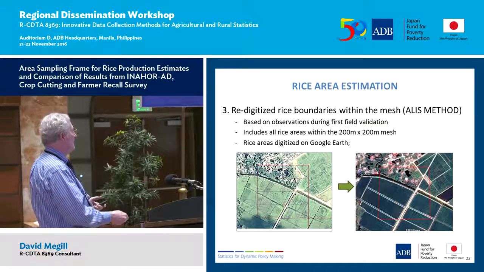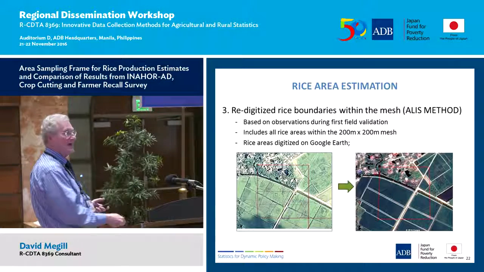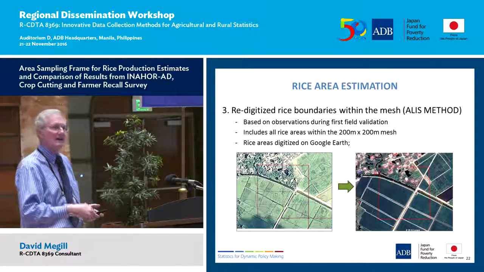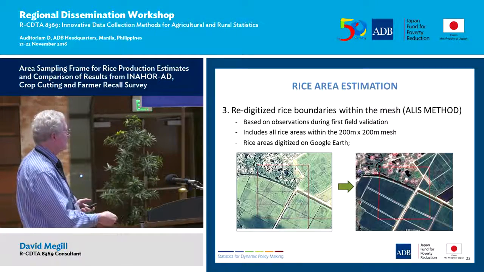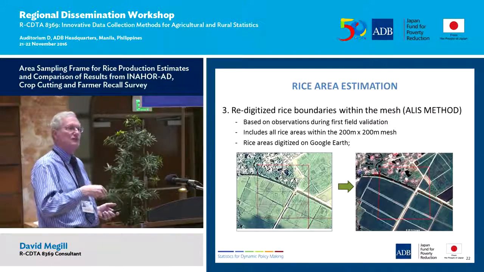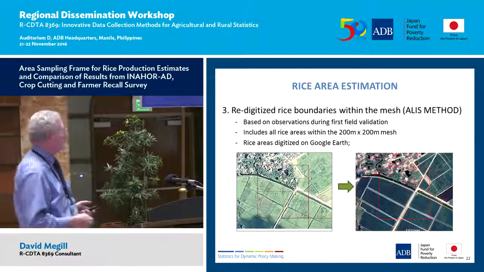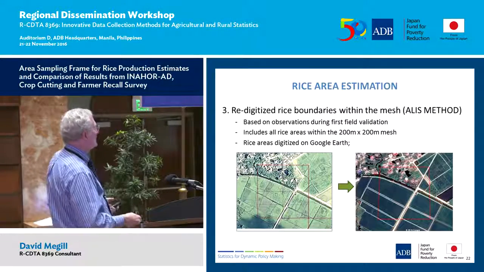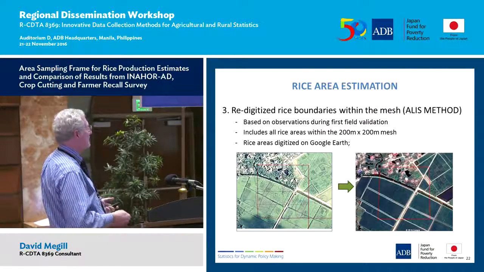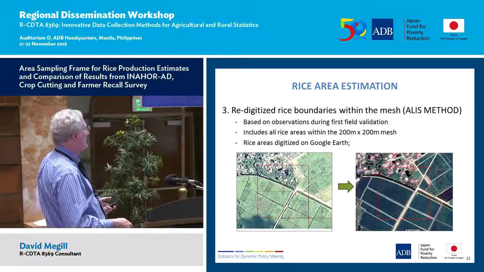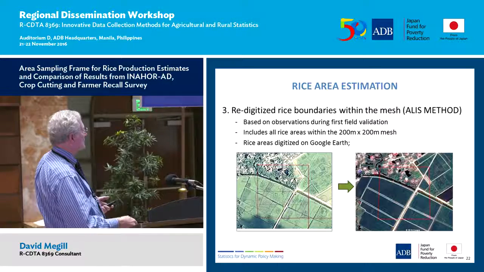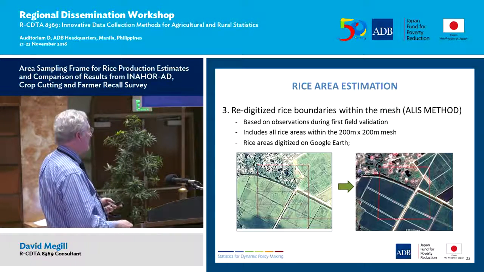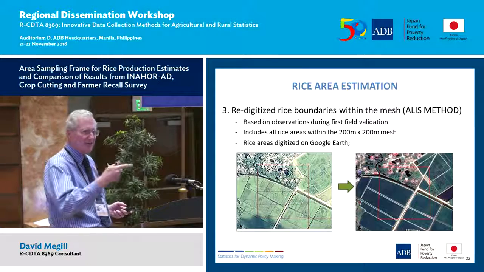Since there's no sampling within the mesh, this gives us a more precise and more accurate estimate of the total area in rice. This was used later, as we'll see, for a ratio estimate of total rice production that gives us a more accurate figure. So anyway, this was the Google Earth image that was used for the actual measurement. If you have any further questions about that, I'll ask the team here.